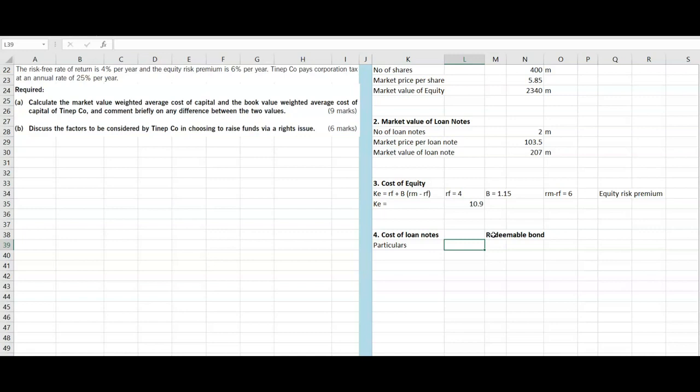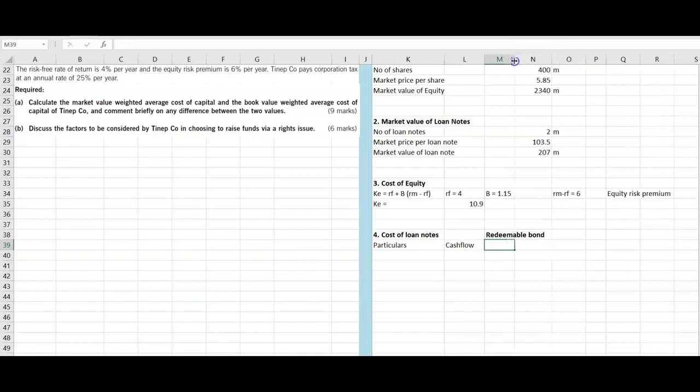So we have the particulars, we have the cash flow, then we have the discount factor at some percentage, then we get the PV. So again we have the same two things, we have to do these two things again and get an answer. That's about the table.